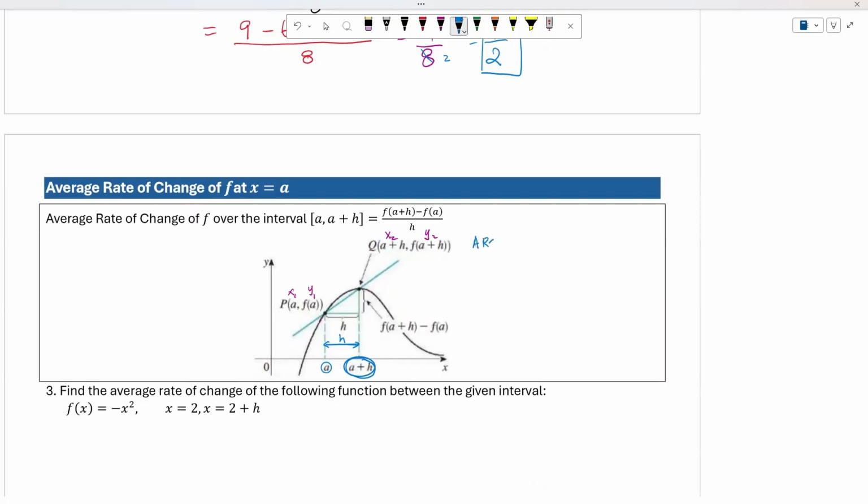So the average rate of change over the interval A to A plus H is f of A plus H, the y2, minus f of A, the y1, all over A plus H minus A, okay? So then now I will have f of A plus H minus f of A all over H.